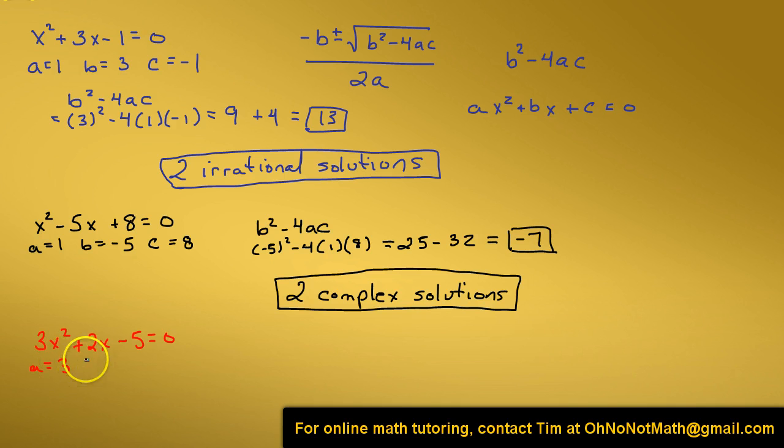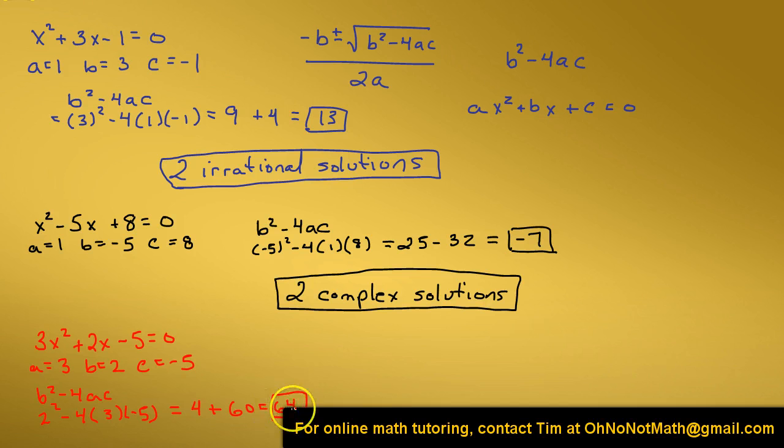A equals 3, b equals 2, c equals negative 5. b squared minus 4ac is 2 squared minus 4 times 3 times negative 5. 2 squared is 4. Negative 4 times 3 times negative 5 is going to be positive, since a negative times a positive times a negative is a positive. 5 times 4 is 20, 20 times 3 is 60, so it equals 64.